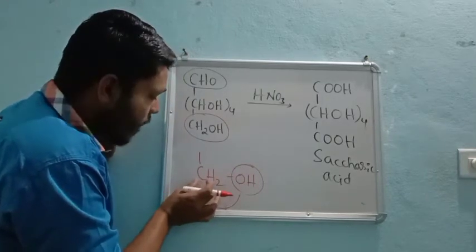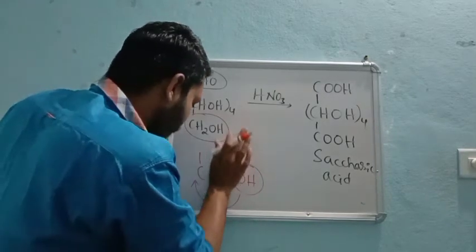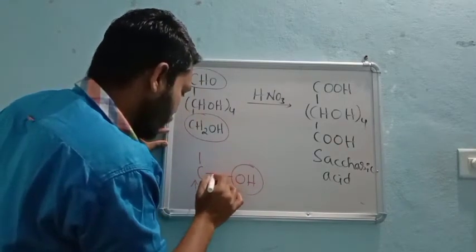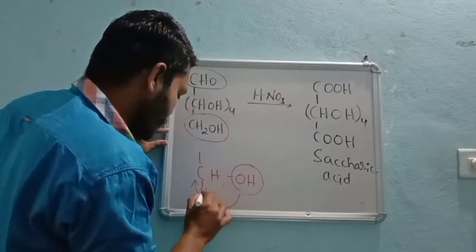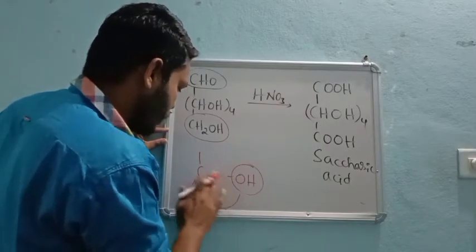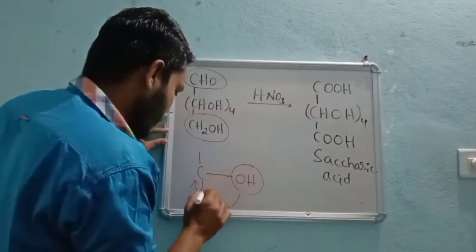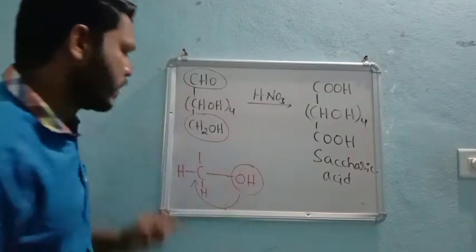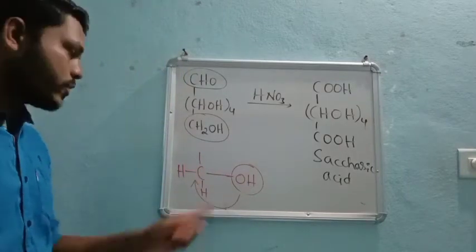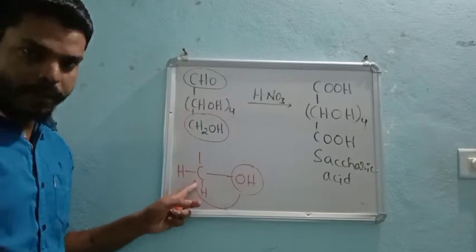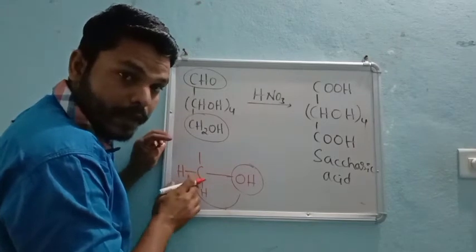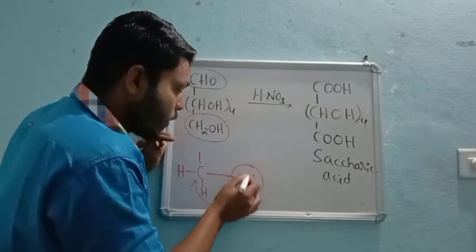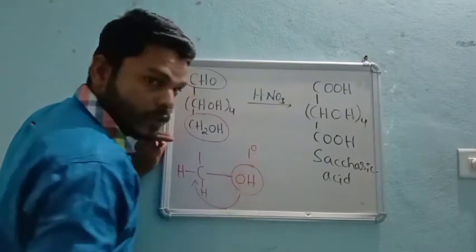If I write it openly, it looks like C with OH, H and H. This OH is directly attached to this carbon atom, and with respect to this carbon atom, this OH is a primary OH.